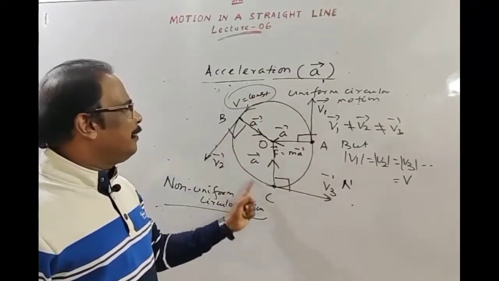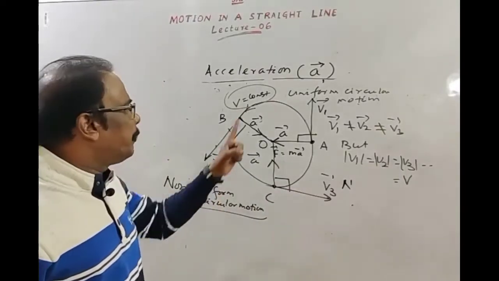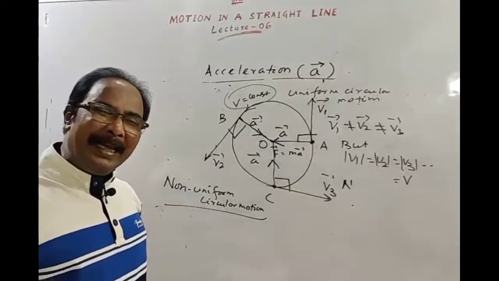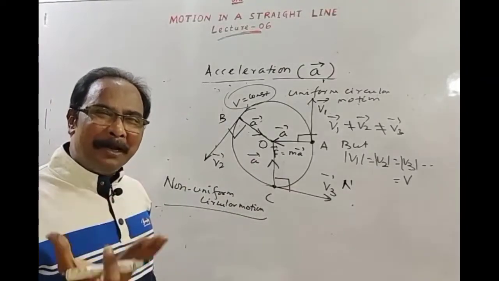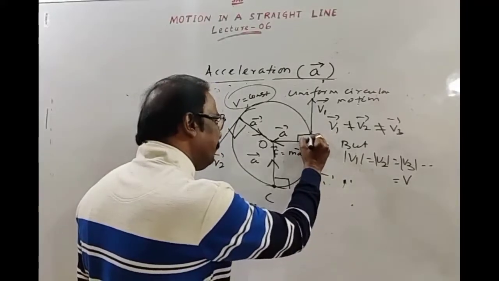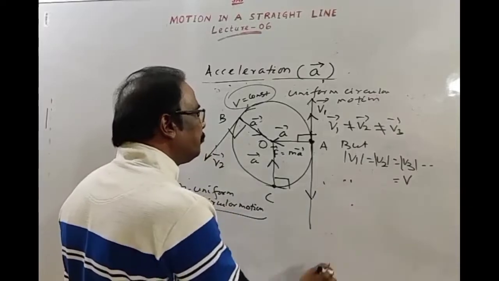If a body moves along a curved path, obviously direction will change. Again, non-uniform means speed doesn't remain constant, as we have discussed. To change the speed, force must be applied either parallel, I am considering this velocity v1, or anti-parallel to the direction of velocity.